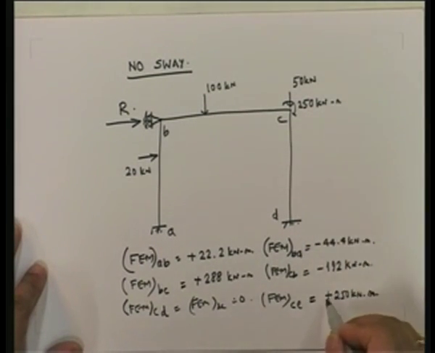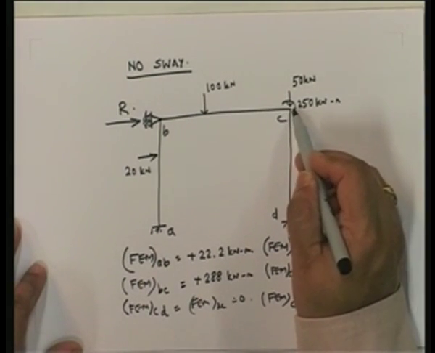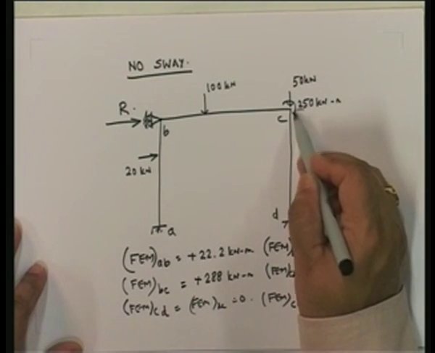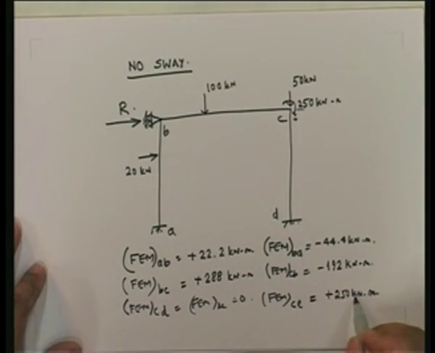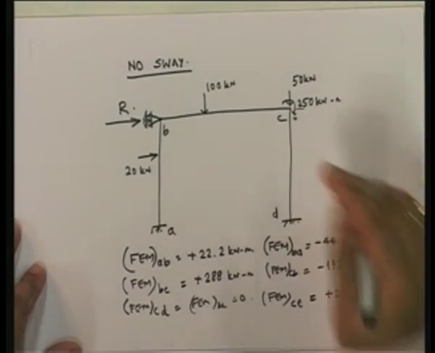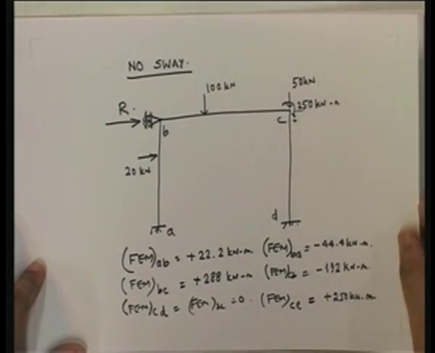Note that I am putting it as plus 250 because this is actually a load applied here. I can consider it as a moment applied here, and so that would be the moment that I need to consider in the joint equilibrium. Okay, so that's the reason why I have this. It's different from the other concept.